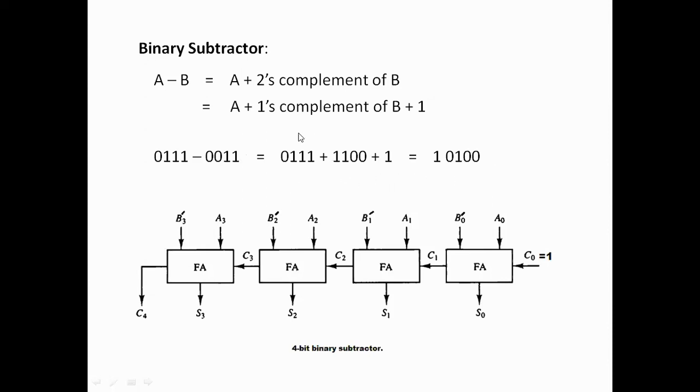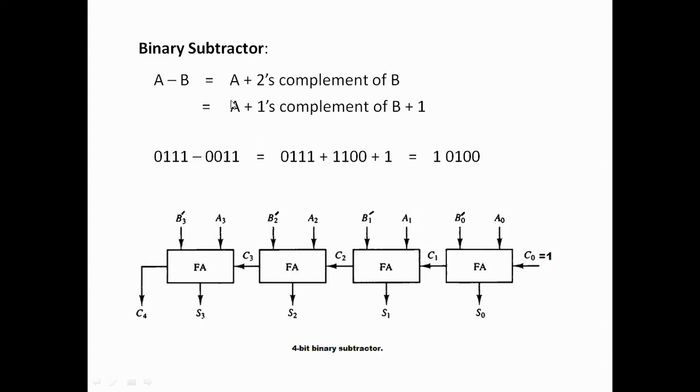Now since we have converted the subtraction into addition, that means the circuit of subtraction again becomes the same circuit as addition. So if I have to create a 4-bit binary subtractor, I will use the same circuit, the 4-bit binary adder circuit. So I will put again 4 adders in the same line. Right? Okay.